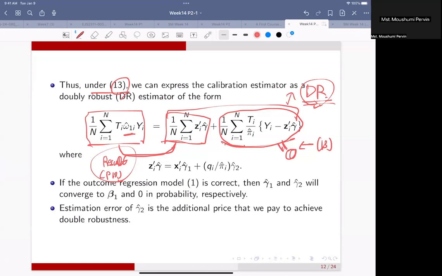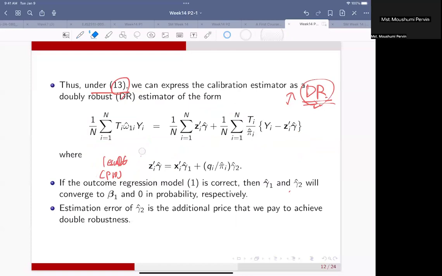So now let's take a look at this equality more carefully and try to understand the meaning of doubly robust. Okay, so if the outcome model is true, right? If the response model is true, then this will cancel, right? If the PS model is true, then this will cancel, and then this is unbiased.